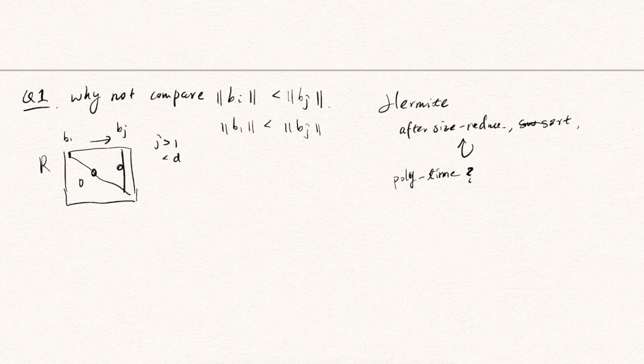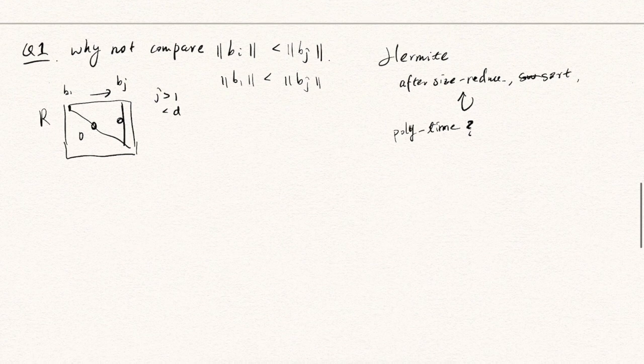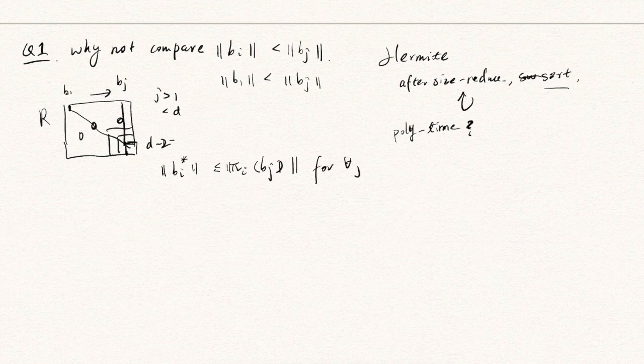This is usually called Hermite's first reduction. Hermite also has a second reduction that relaxed this sorting property even further by working backwards, starting from dimension d, then d minus 1, d minus 2, such that all the b_i star is smaller than the orthogonal projection for all j bigger than i.